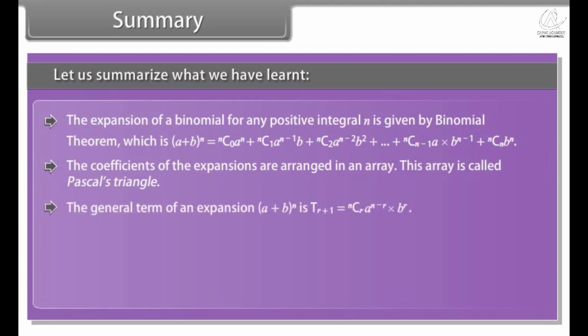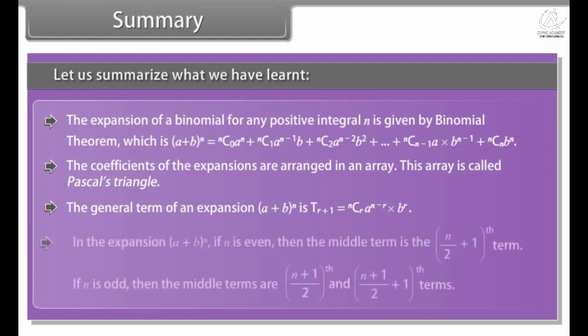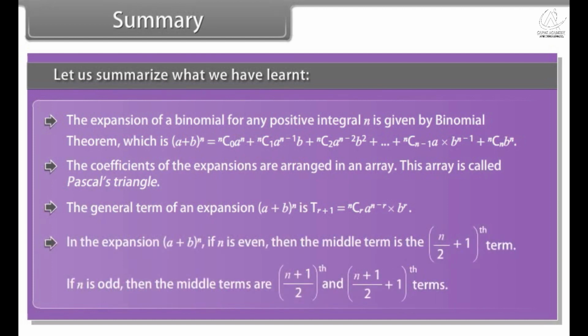The general term of an expansion. In the expansion (a + b) raised to power n, if n is even, then the middle term is the (n/2 + 1)th term. If n is odd, then the middle terms are the (n+1)/2 th and the ((n+1)/2 + 1)th term.